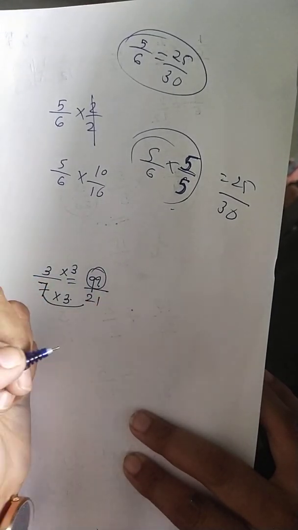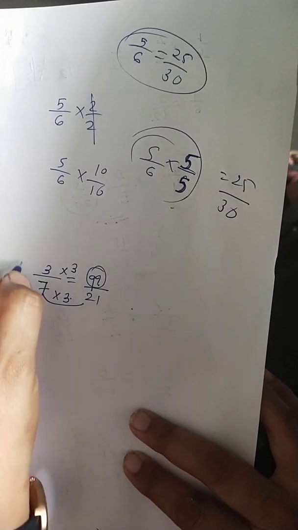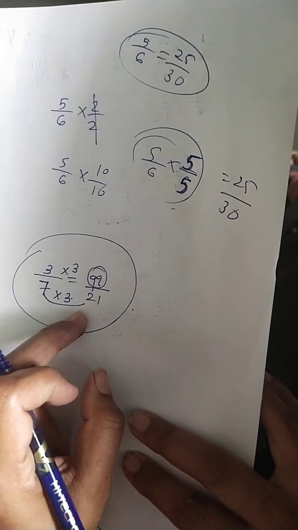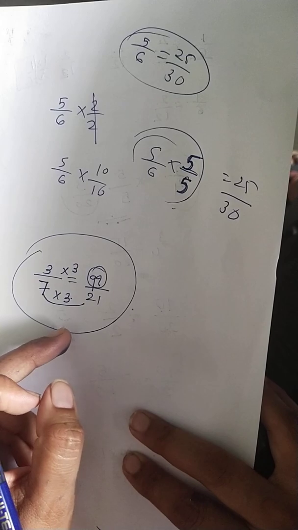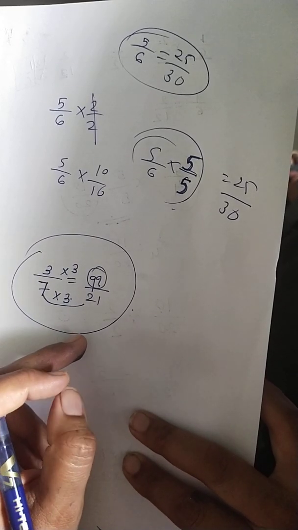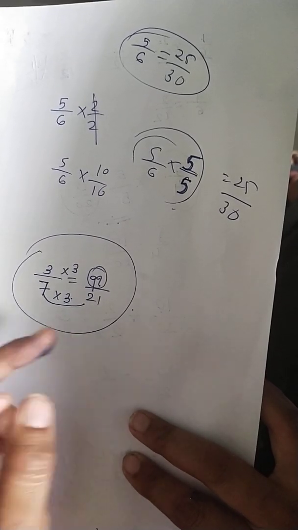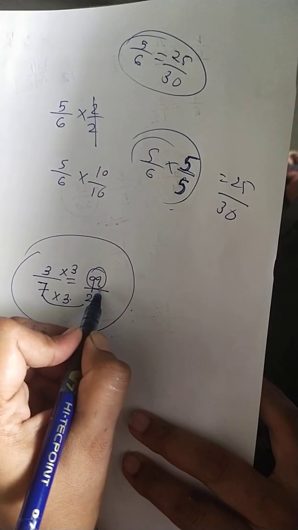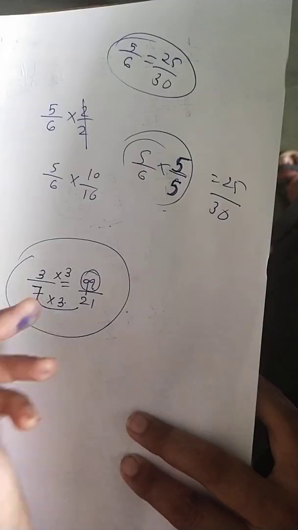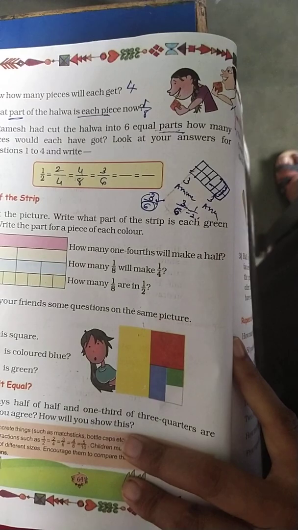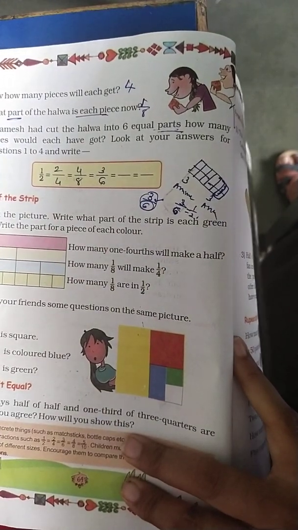So here you have to write 9. Okay, so this way you have to complete. I will ask this type of questions in your examination. What is the equivalent fraction? Put this one, fill in the blanks. Okay, so you have to learn this thing in this exercise.